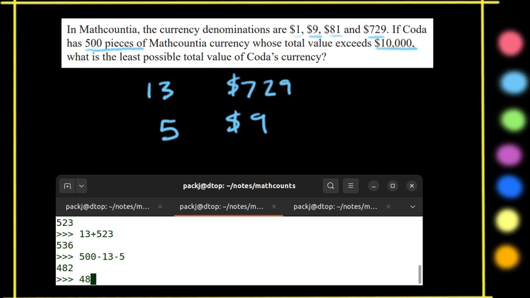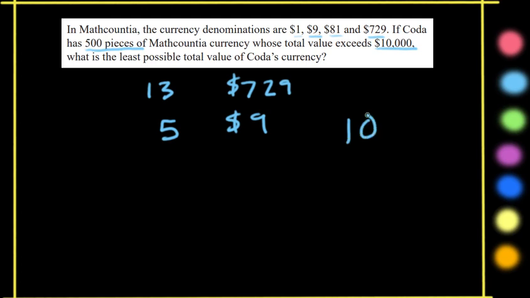So we have 482 $1 bills plus 5 $9 bills plus 13 $729 bills. And that gives us 10,004. And that is actually the answer. So that is the lowest amount of money we could have with exactly 500 pieces of currency. So it's $10,004.